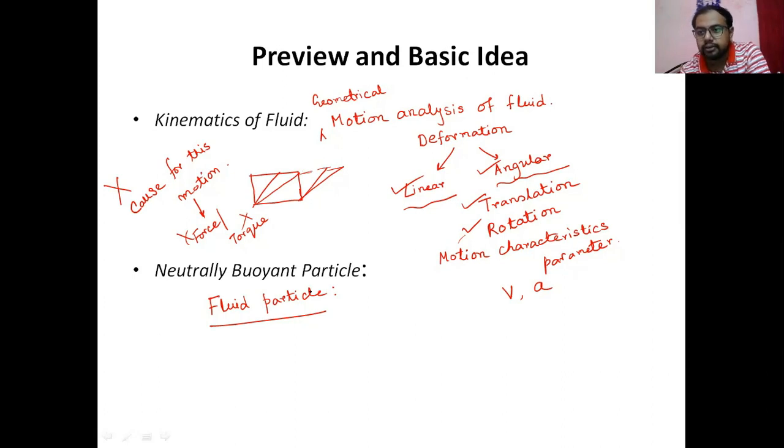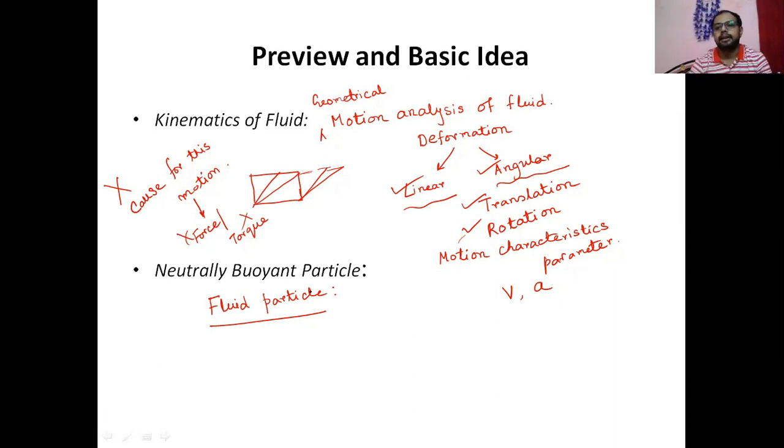If we track particles one by one, labeling them through the initial position and time, and then track where each is located the next second, and the next second, in such a way we are tracking a particle. Hence the fluid particle concept is coming.